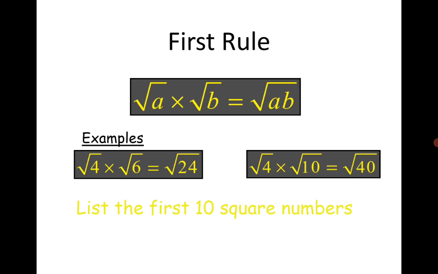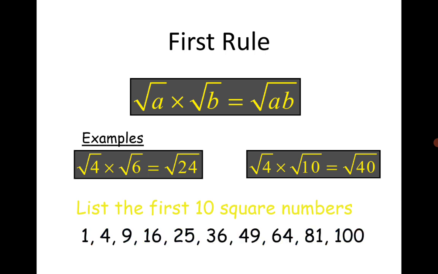Alright, so you should be able to find the following numbers. All these numbers are called squares, or square numbers.